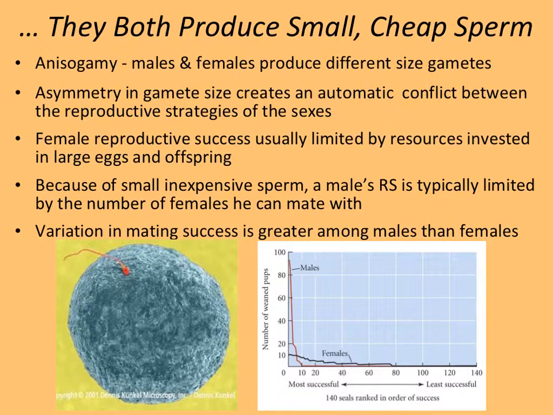Females have a limited reproductive success because they have a limited number of eggs they can produce. So the variance, how many females make 1,000 eggs, how many make 10 eggs, is usually around the same amount for the same species, because there's an upper limit that they can make.